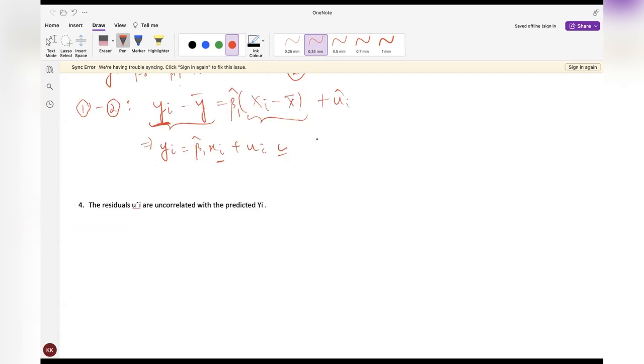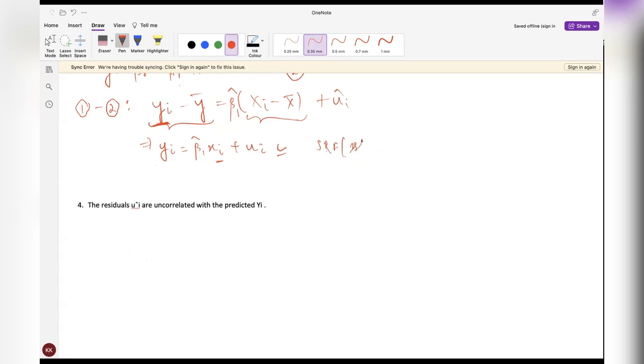Now remember that this is our SRF when we have a stochastic form. And an SRF in the non-stochastic form can be written as yi hat is equal to beta 1 hat xi, right?